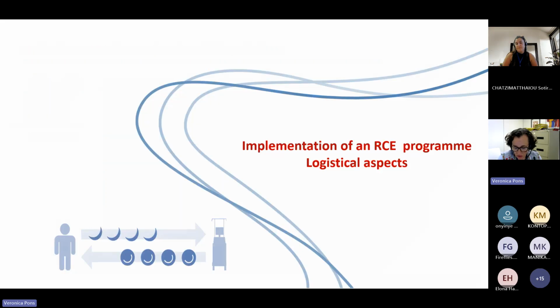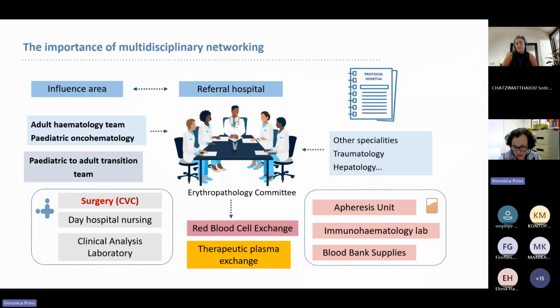But what are the logistical requirements for implementing a red cell exchange program? I think a very important thing is that for implementing a red cell exchange program, we need a multidisciplinary approach. Our hospital is a reference center for hemoglobinopathies, and we have regular committee meetings and also consensus protocols.